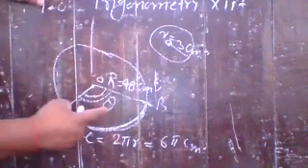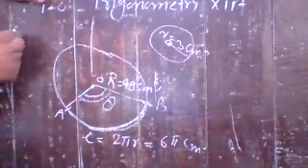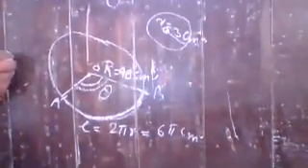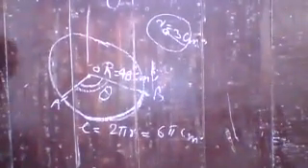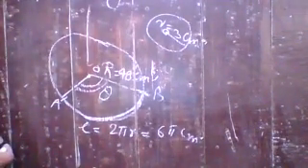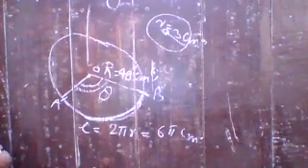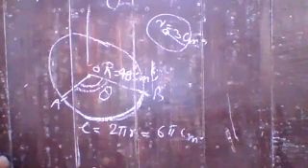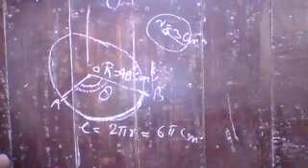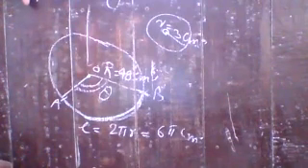Applying the formula for theta, theta is equal to 45 by 2 degree, and that can also be written as 22.5 degree. Yes, that is correct.